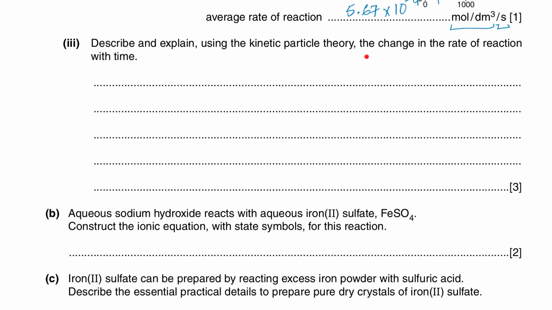Describe and explain using kinetic particle theory the change in the rate of reaction with time. 3 marks. So let's just dump everything we know about particle theory and rate of reaction.